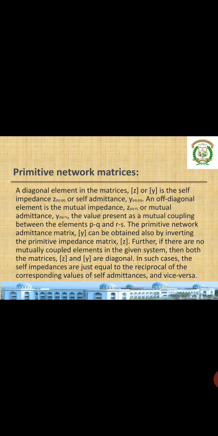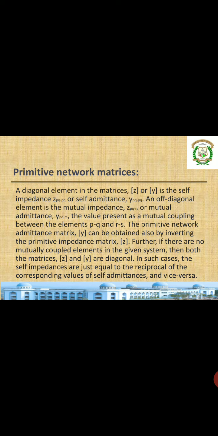So all the diagonal elements are self admittances. Let us consider a 3 element system. The primitive matrix is of order 3 cross 3, because it is an element to element matrix. The elements of the matrix are A11, A12, A13, A21, A22, A23, A31, A32, A33.